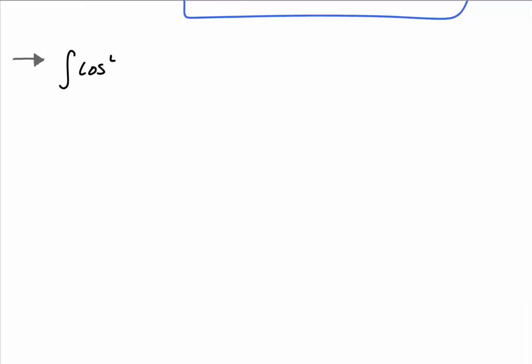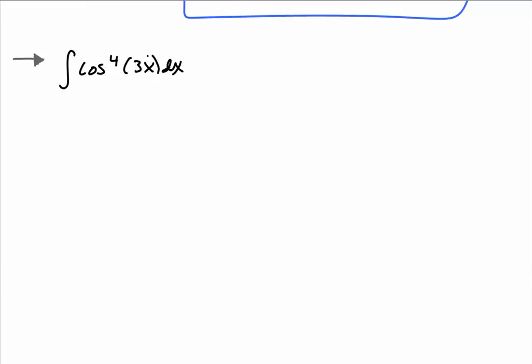Let's look at the cosine to the 4th power of 3x dx. Now for this one, if I saved out a cosine, then I would have a cosine cubed, and I don't have an identity for cosine cubed. So that strategy that we used before isn't going to really work now.